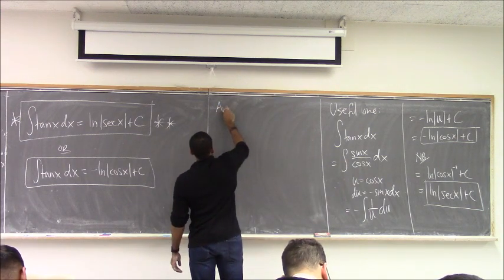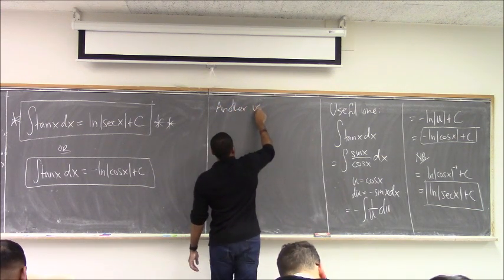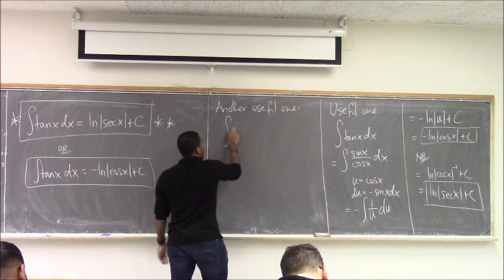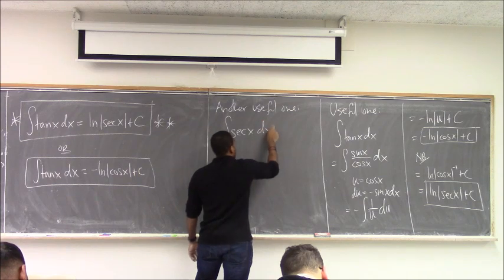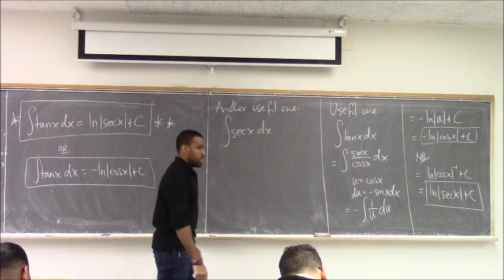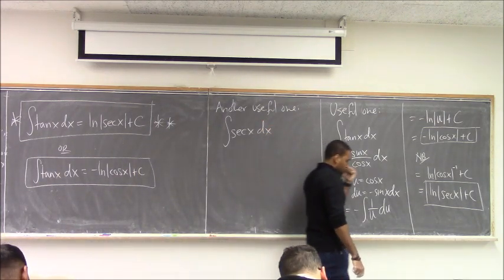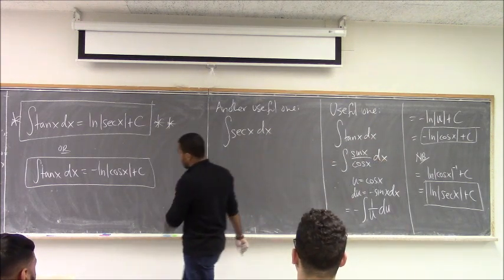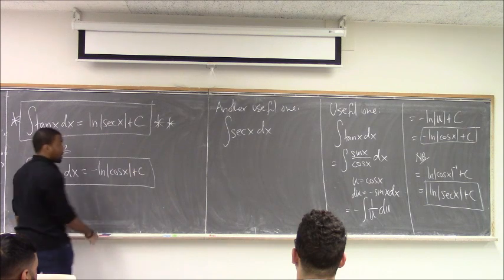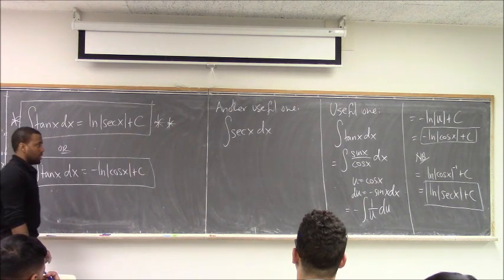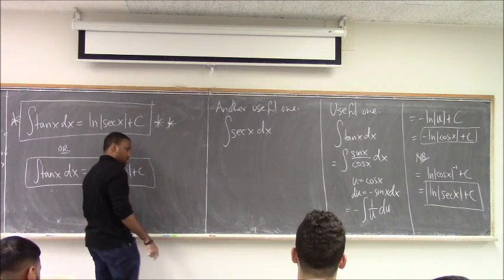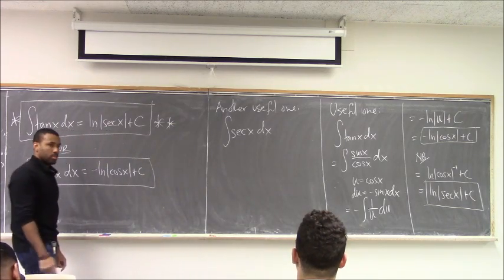Another useful one: the integral of secant. So we now know how to integrate cosine, sine, and tangent, and now we're going to learn how to integrate secant. We're kind of going through all the trig functions. We're not going to go through all of them, but secant is one that we need to know.